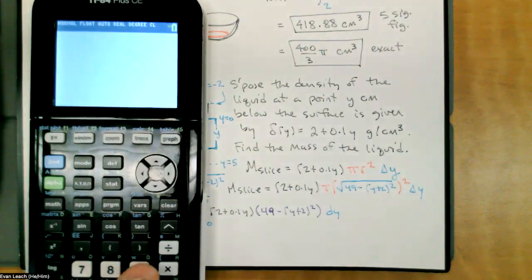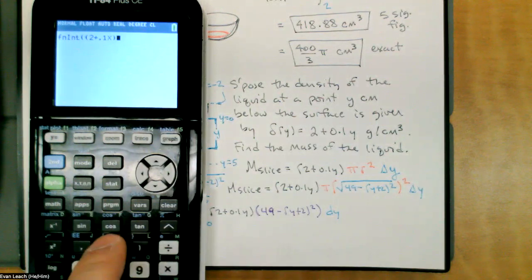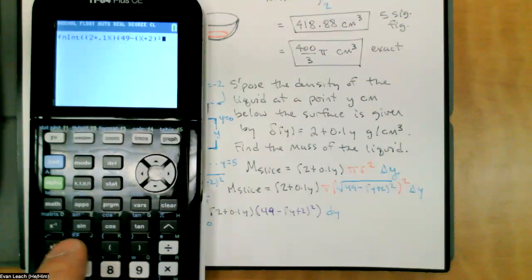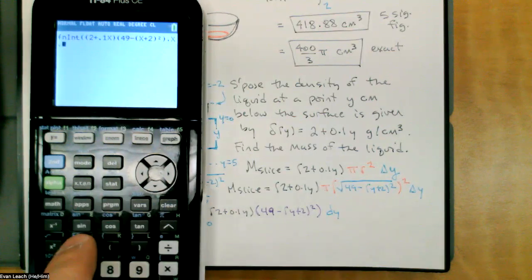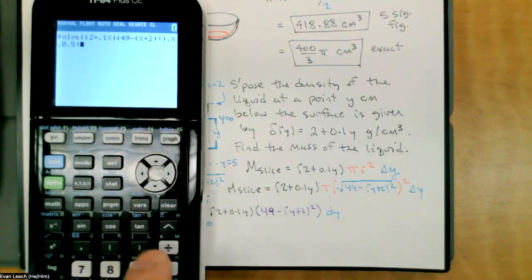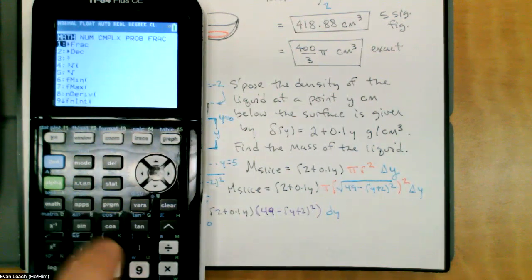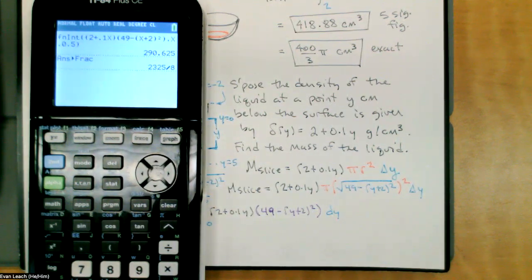So I will do math 9: 2 plus 0.1 x times 49 minus the square of x plus 2, with respect to x from 0 to 5, close parentheses. We need to multiply by pi.